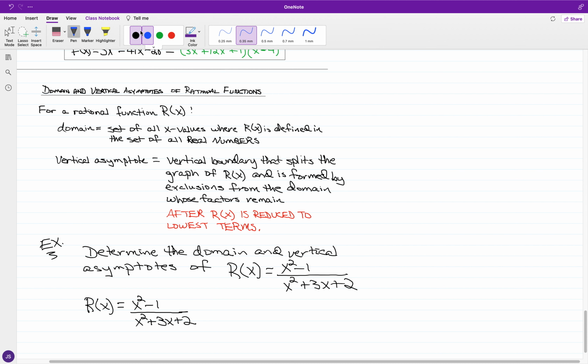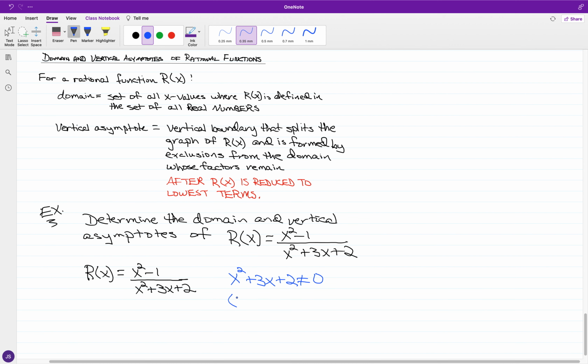For a fraction, we cannot have a zero-valued denominator. So x squared plus 3x plus 2 cannot be 0, so the factors x plus 2 and x plus 1 cannot be 0.